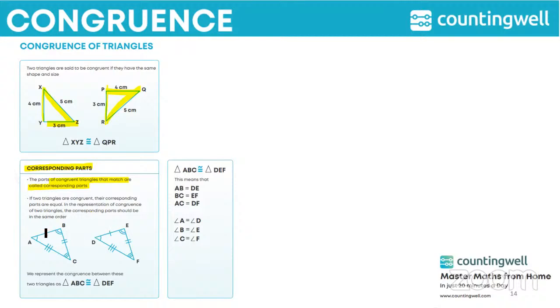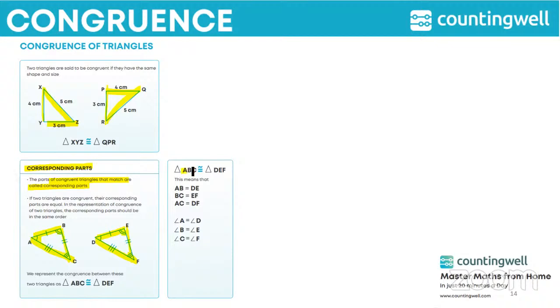So if you have angle A equal to angle D, angle B equal to angle E, angle C equal to angle F, or if you have side AB equal to side DE, side BC equal to side EF, side AC equal to side DF, then we represent the congruence as triangle ABC congruent to triangle DEF.